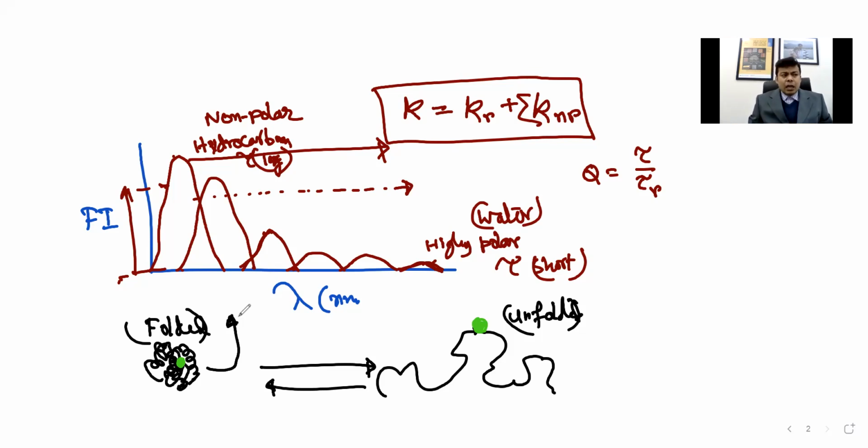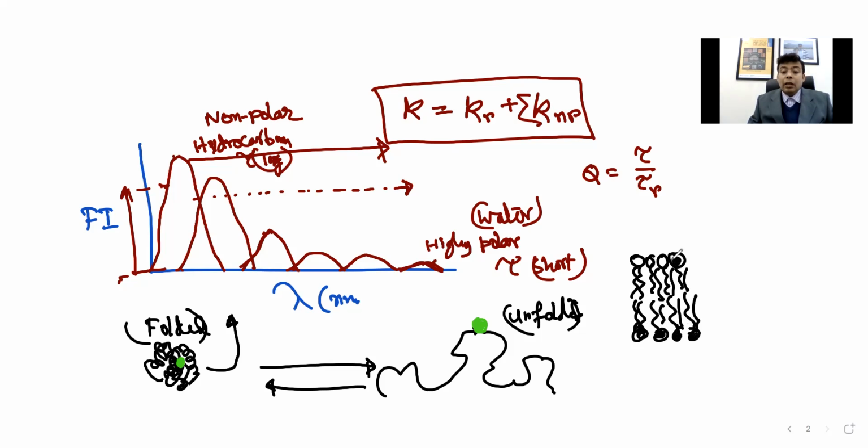There are other examples like, let's say, membrane. If you have a fluorophore embedded deeper into the membrane, then of course it becomes more like a hydrocarbon environment. If you're familiar with lipid bilayer, and I'm sure all of you are, I'm just drawing only a part of it. If you look at this section of the bilayer, these are the polar head groups.